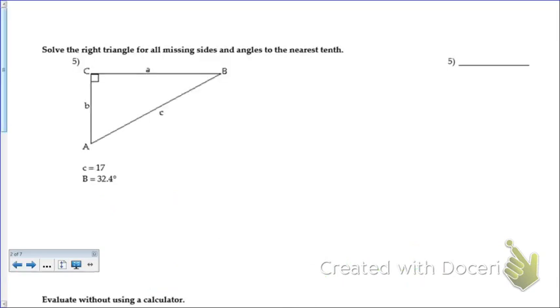Number 5, it says solve the right triangle for all missing sides and the angles to the nearest tenth. So you've got 3 sides, you've got 3 angles, and you want to find all of those. So what I would do before I get started is I would make a list of my angles: the measure of angle A, measure of angle B, measure of angle C, and then we have sides A, B, and C. And then I'm going to write down any information that I have that's given already.